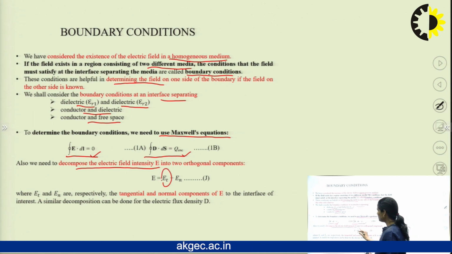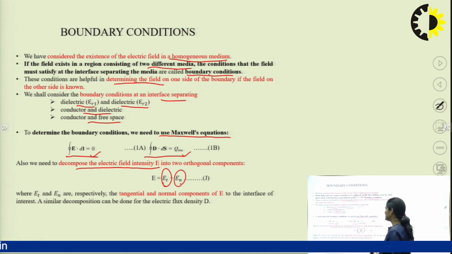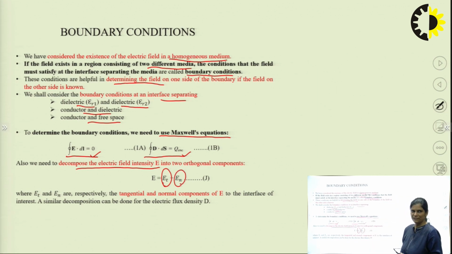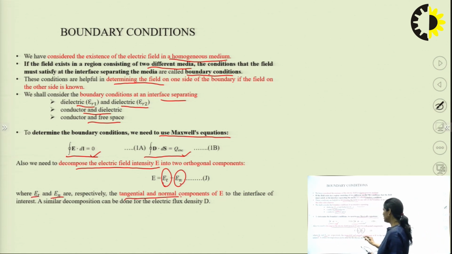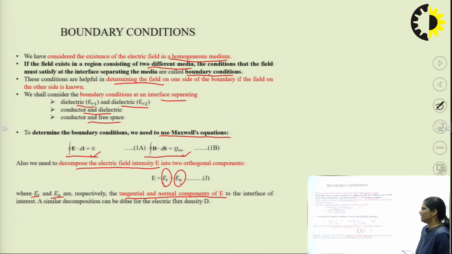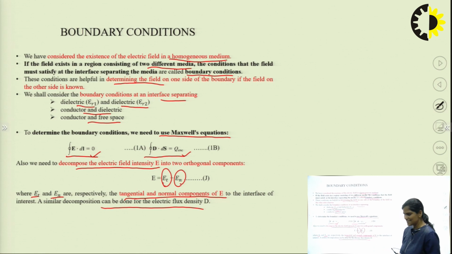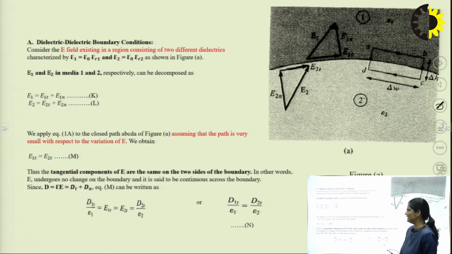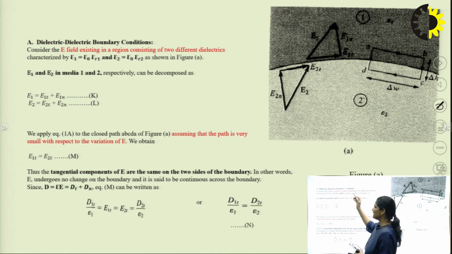Et is the tangential component of E, and En is the normal component of E at the interface. A similar decomposition can be done for the electric flux density, represented by D. First we have to cover dielectric boundary conditions.